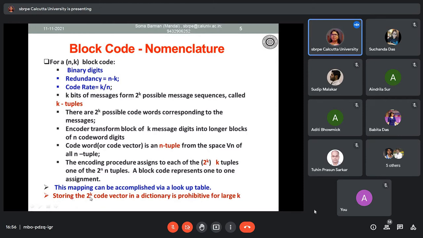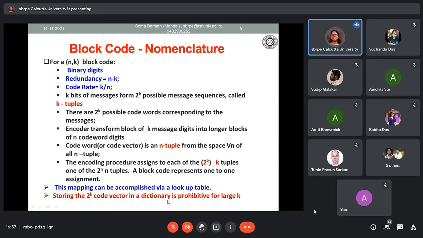Now if k is very, very high, storing the 2 to the power k code vectors in a dictionary is prohibitive for a large k. So for the maintenance of this lookup table, if I say 3 bits, it's not a problem.